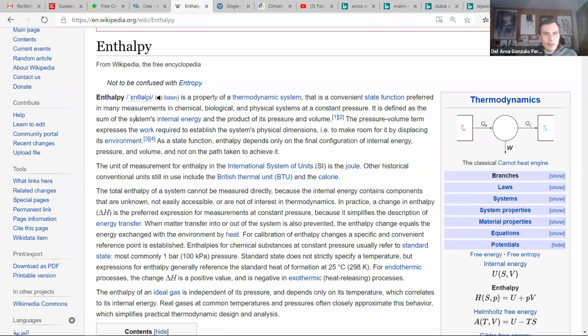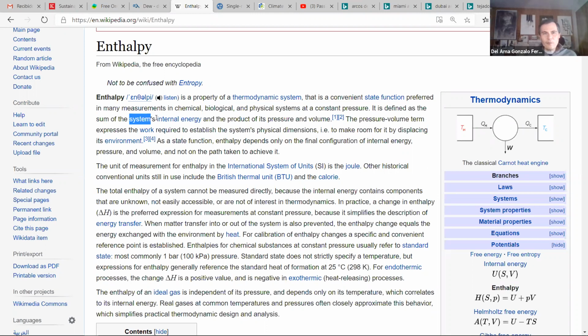What is our system here? It can be an engine or whatever, but we are studying building physics, and for us, our system is the air that we have in a room. This is what we are working with. So enthalpy is the internal energy of the air.